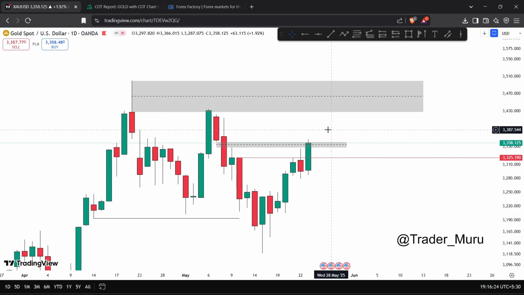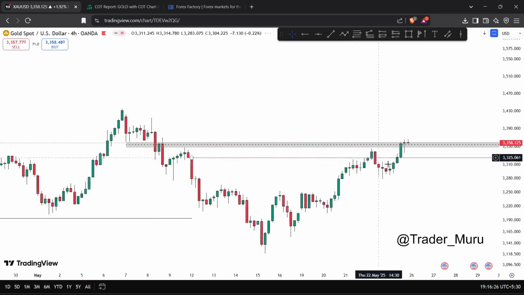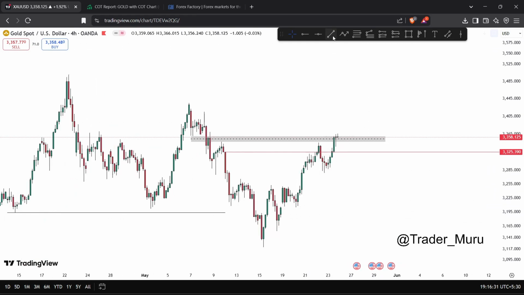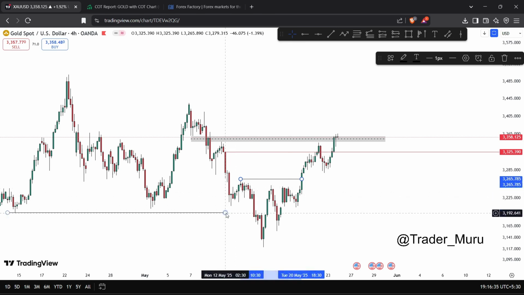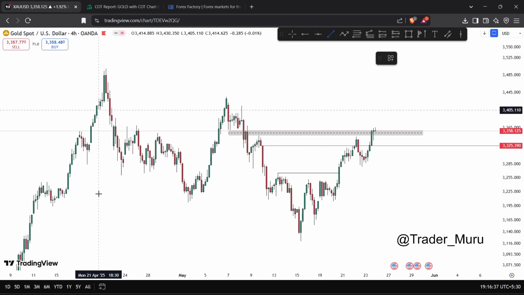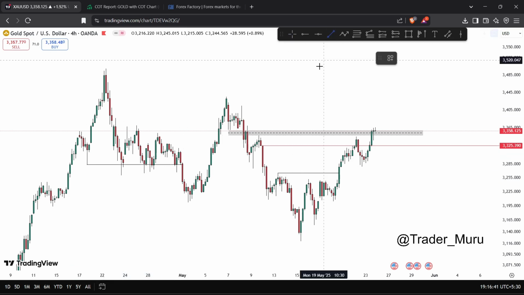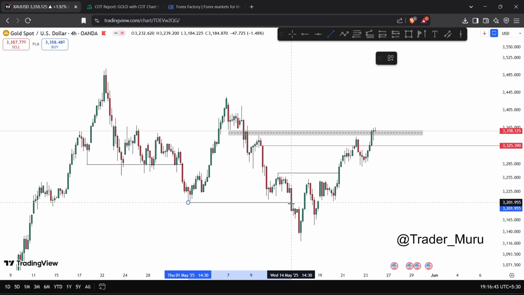Now let's see the 4-hour time frame. In the 4-hour time frame we can see it was bearish below this low because of this change of character and this break of structure.